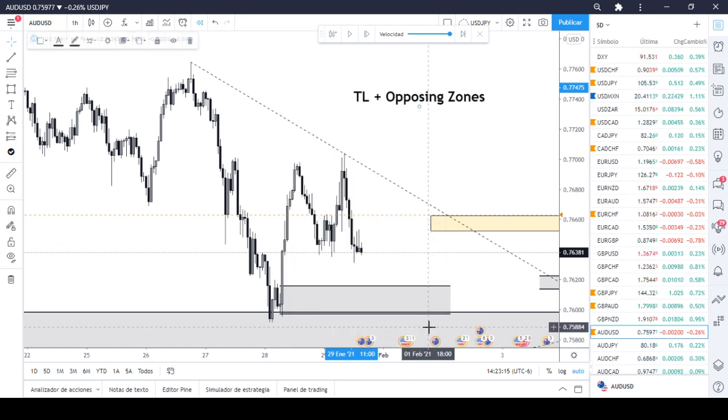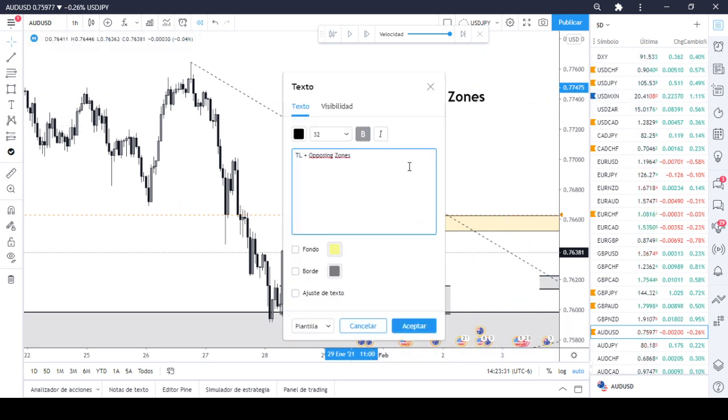If I have a trend line and an opposing zone being taken out, then I just identify the level responsible for doing that, like we did on the Mexican peso, dollar Mexican peso. But we also can use two opposing zones, whatever happened first. Two opposing zones.